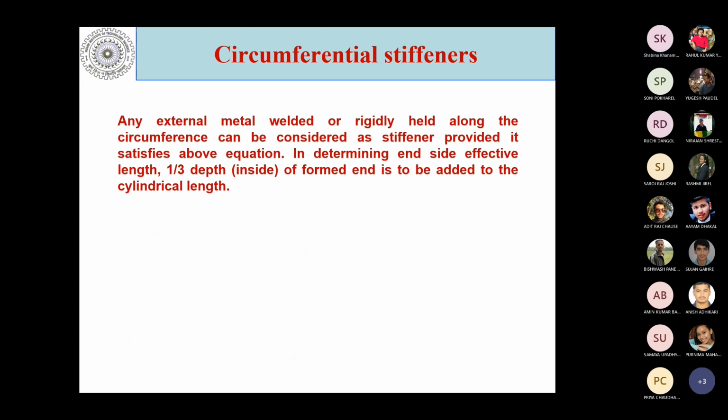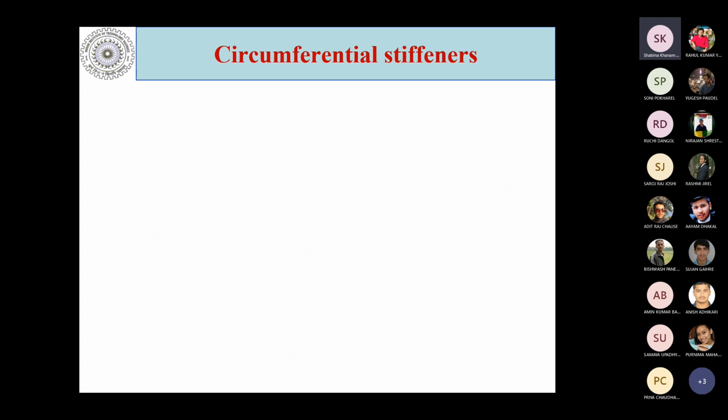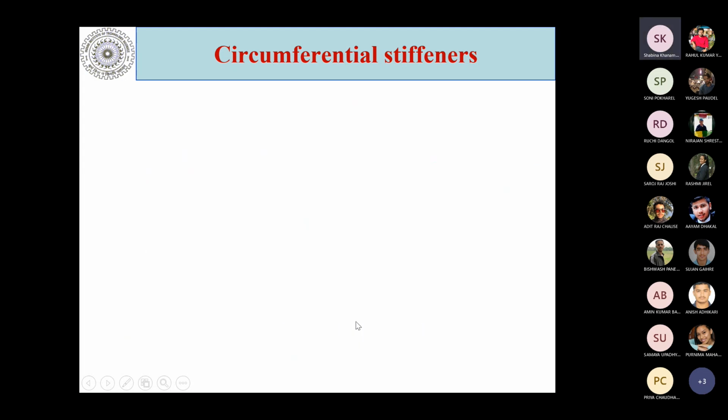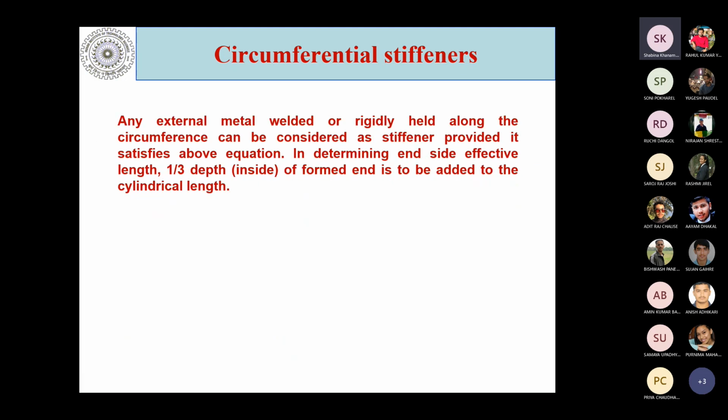Okay, so any external metal welded or rigidly held along the circumference can be considered as a stiffener, provided it satisfies the above condition. Okay, so the point is, we need to satisfy this condition. Moment of inertia for the stiffener we will calculate, and this should be more than this I. Okay, then only we will choose that stiffener.